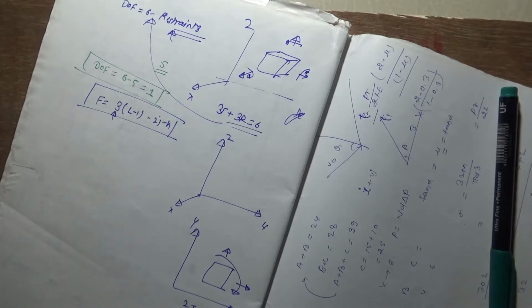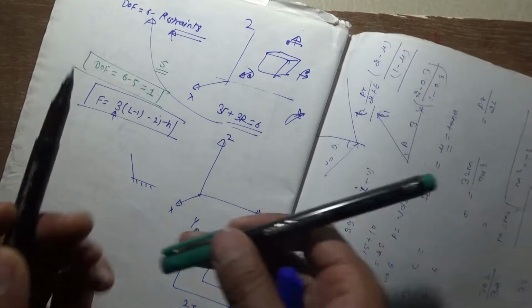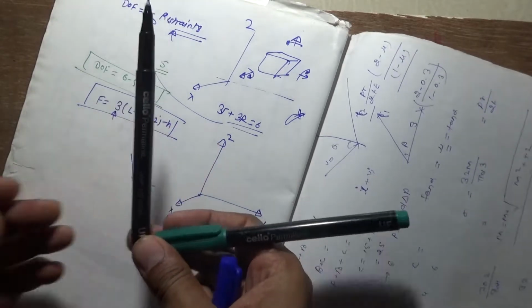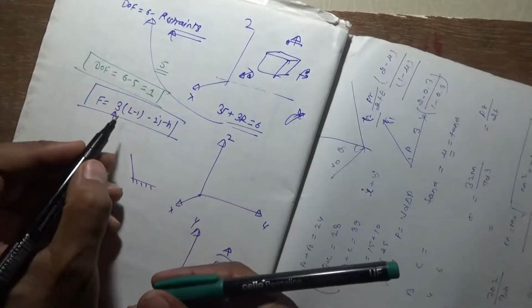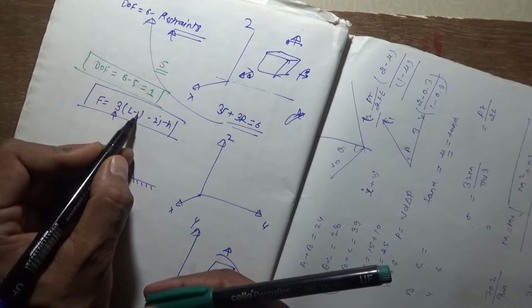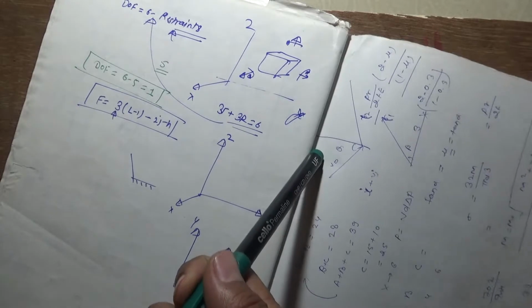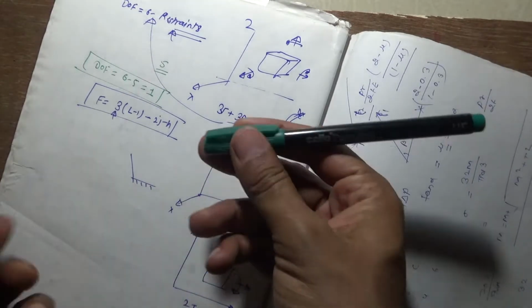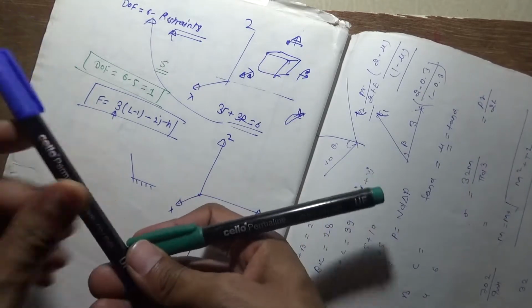But for a kinematic pair, we fix one link, and suppose we have 2 links. If I fix one link, then only one link can rotate. So this one link which I am going to fix is the minus 1. What is 2J? To make a joint we require 2 links. To make one joint, we require 2 links.